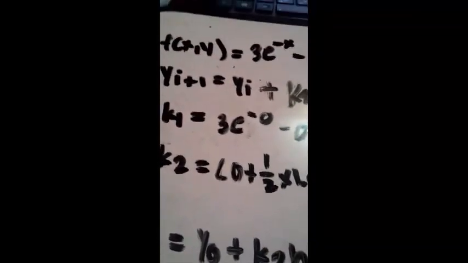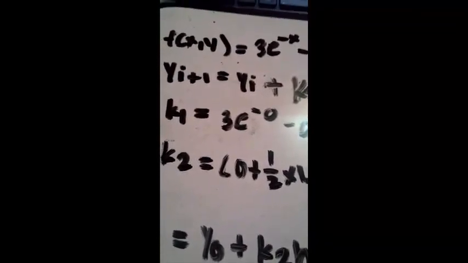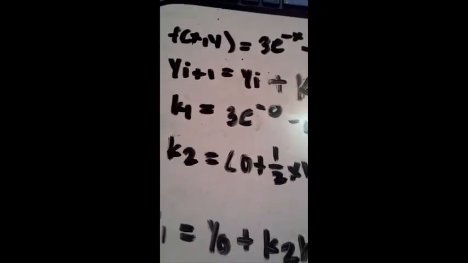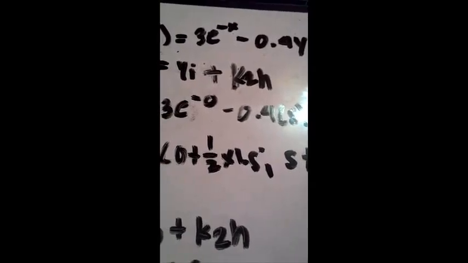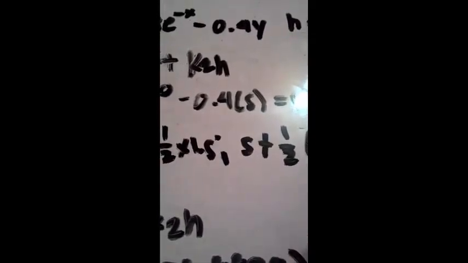Okay, we just plug in the givens. K1 is equal to 3e to the negative 0 minus 0.4 times 5, which is equal to 1. Our k2 is equal to 0 plus 1/2 times 1.5, and our y is 5 plus 1/2 times 1 times 1.5, which is equal to negative 0.8829.